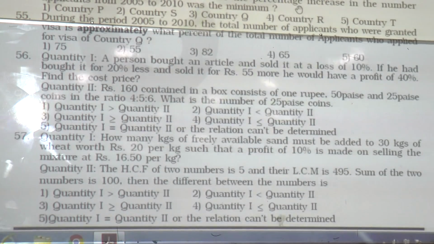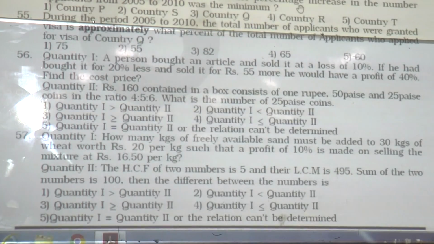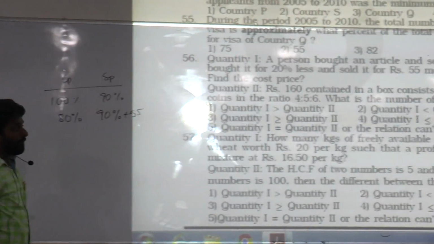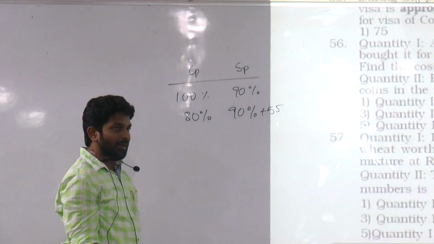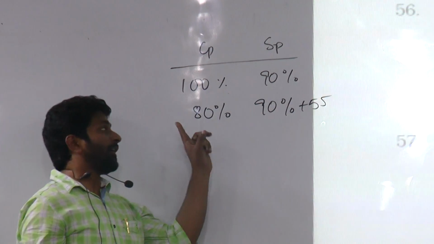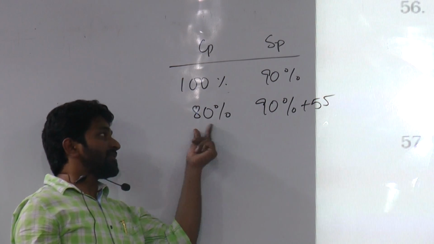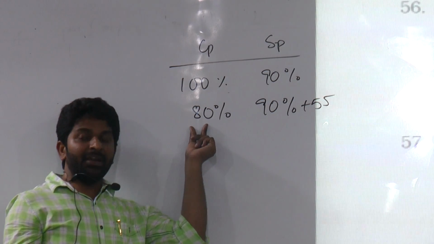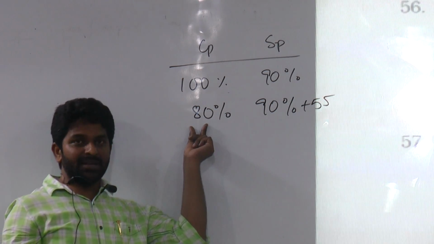Next case, he said, if he had bought it for 20% less than previous cost price, 80%, and sold it for 55 rupees more than previous selling price, in the sense 90% plus 55. He would have had a profit of 40%. Profit percent is always calculated on cost price. 10% of this number, 8. 20%, 16. 40%, 32.